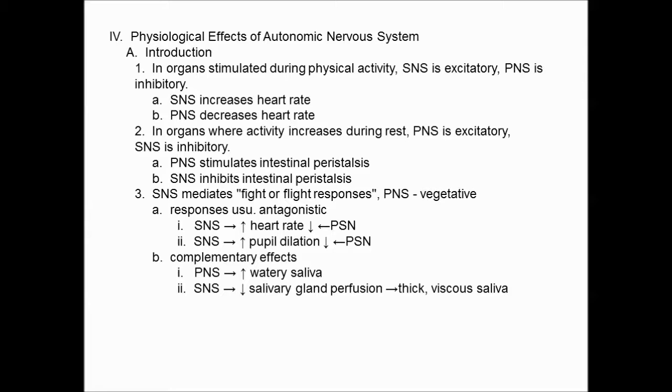Definitely the sympathetic system is activated during physical activity, and it's responsible for most of the coordination changes that occur, whereas the parasympathetic nervous system is responsible for vegetative function, vegetables, and is inhibitory during physical activity. So, for example, the sympathetic nervous system increases heart rate, the parasympathetic decreases it.